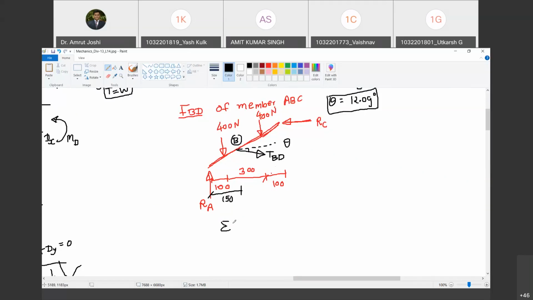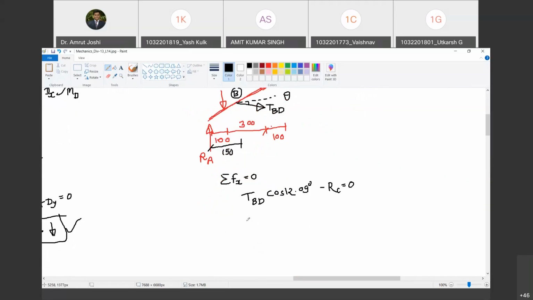So how do we solve first? For the first unknown, summation Fx equal to 0. So what does summation Fx equal to 0 give me? TBD cos of 12.09 degrees minus RC is 0. Are you with me?